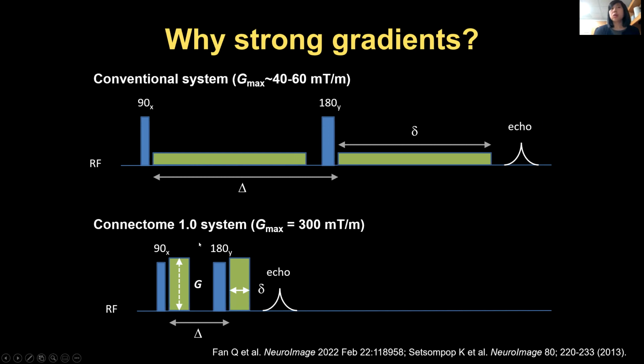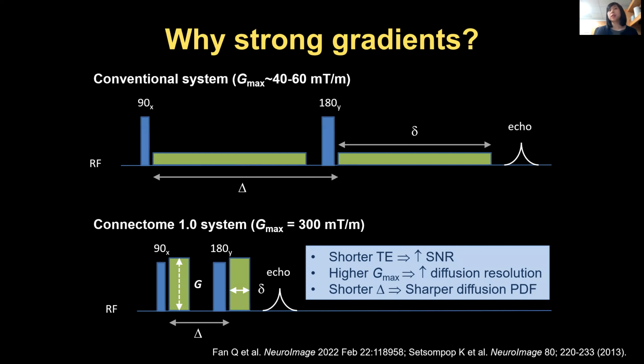Using these strong gradients, we can achieve a given diffusion encoding area in much less time. This in turn reduces the entire diffusion encoding period and the echo time. So one of the most straightforward benefits of high gradient strengths is improving signal to noise ratio by allowing shorter echo times.